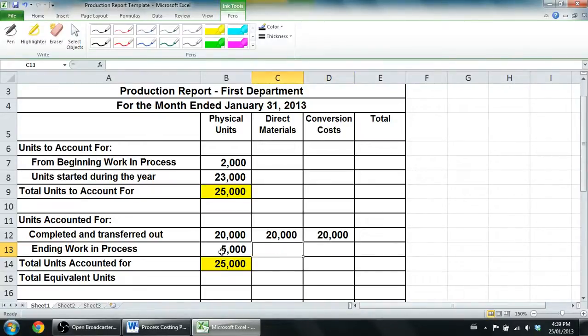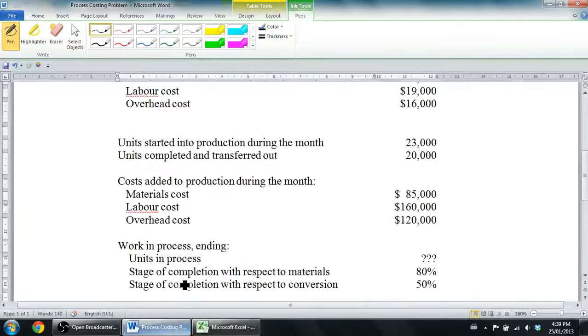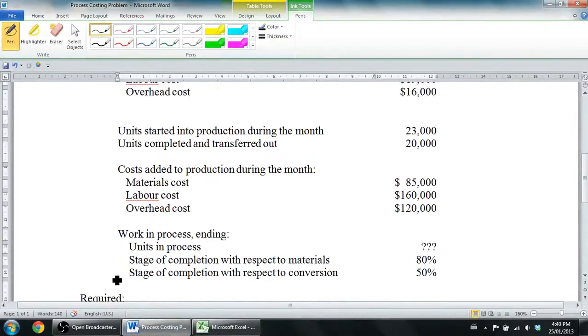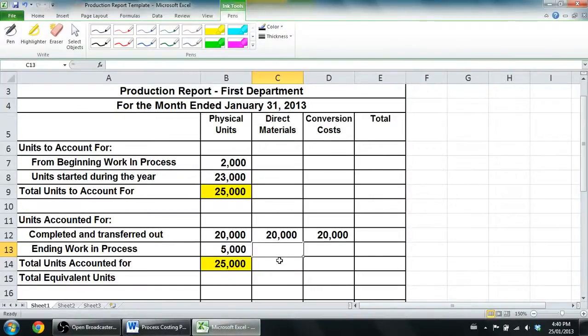In terms of ending WIP, though, if it's still WIP, it means it's not done. We've got to see what percentage they are done. So let's go to our ending WIP. And it says our ending WIP, stage of completion with respect to materials, is 80% complete. So if I have 5,000 units that are 80% complete, that's the equivalent of having 4,000 completed units.